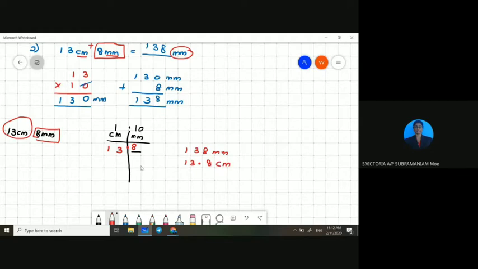If you put the decimal point, it is a bigger unit. If you take out the decimal point, it is a small unit. We can also separate and write this question as 13 centimeter and 8 millimeter according to the house. So there are 3 types of answers when we use T method. Clear?